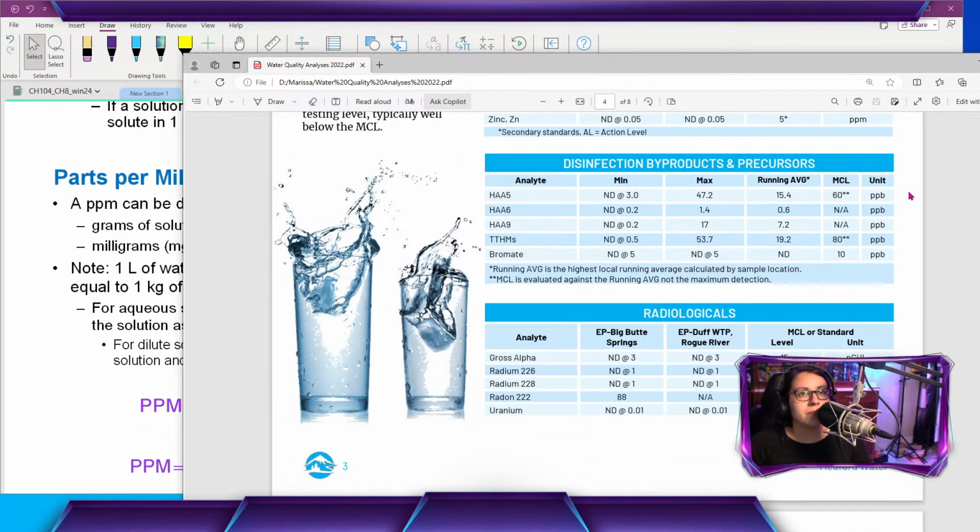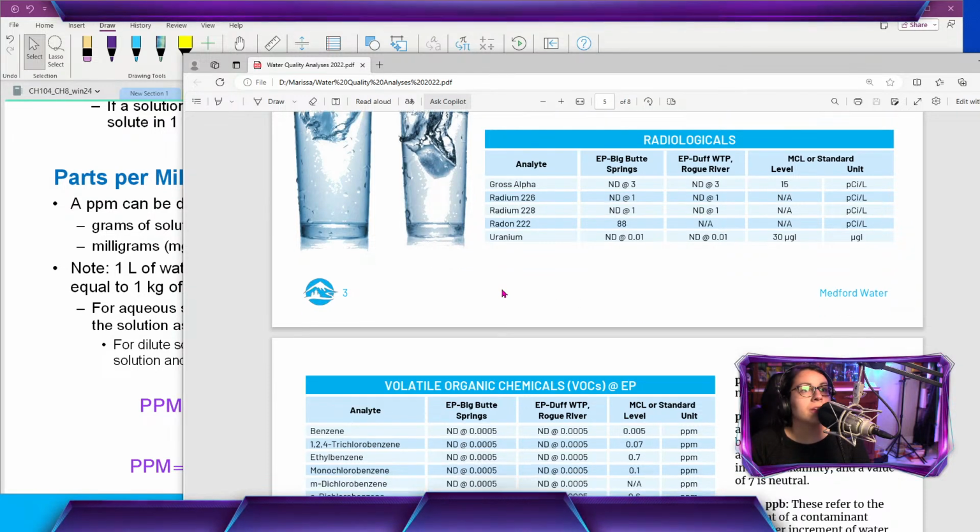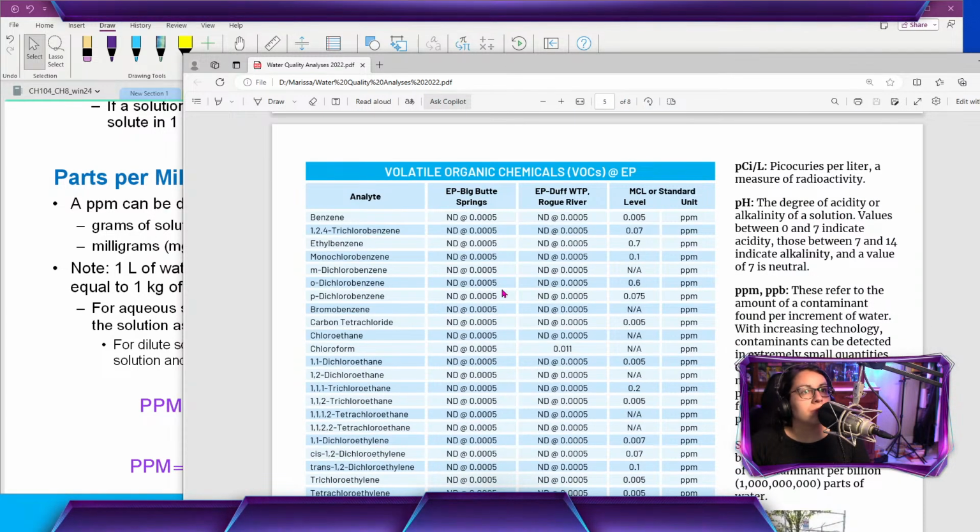Let's see what else. If you look at these bromates, these are a lot lower for their detection, so parts per billion. And here are organics.